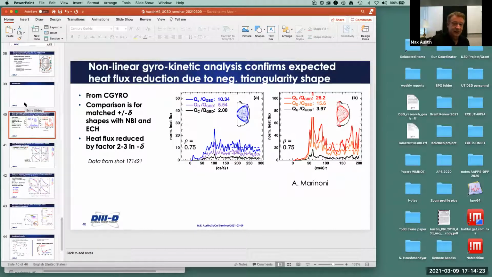Certainly from an operational standpoint, one of the benefits of elongation besides MHD stability and turbulent stability is that you can fit more plasma current in at the same Q. So from a very fundamental standpoint, that's elongation, which is why spherical tokamaks are also all the rage.